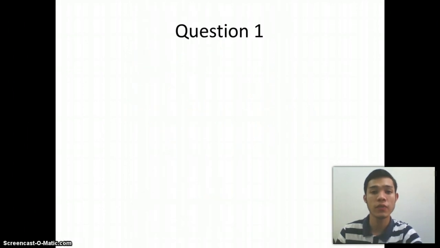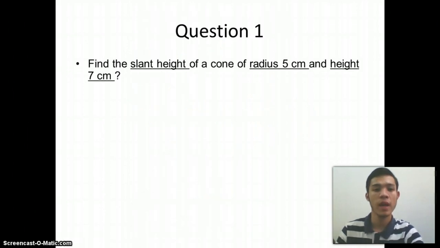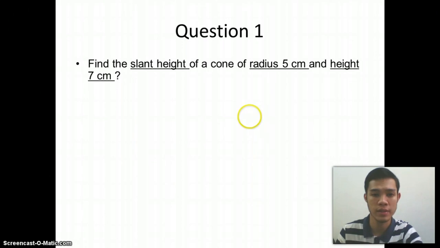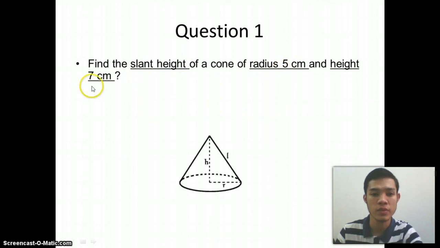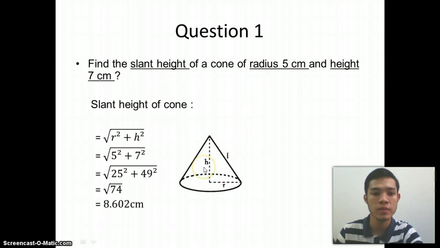Okay, let's move on to the first question. Find the slant height of a cone of radius 5 centimeters and a height of 7 centimeters. First of all, you have to know what the question is all about. You have to find the slant height, L, with the radius of 5 centimeters and the height of 7 centimeters.